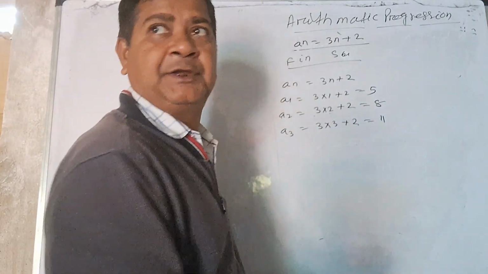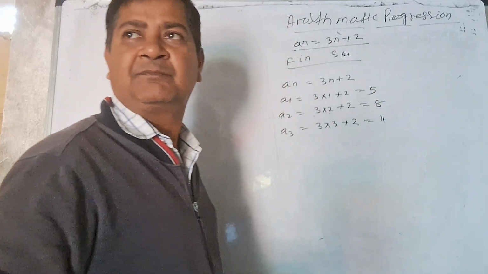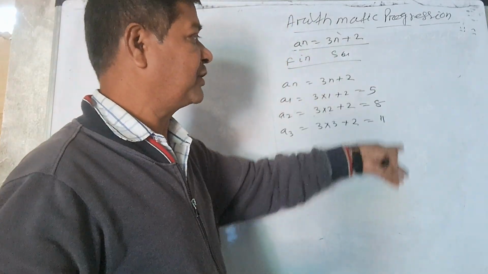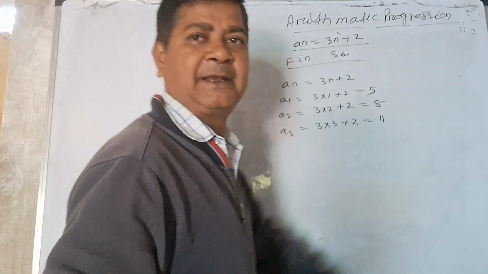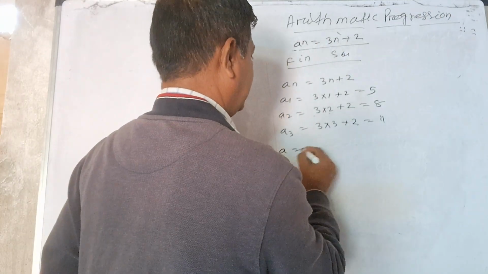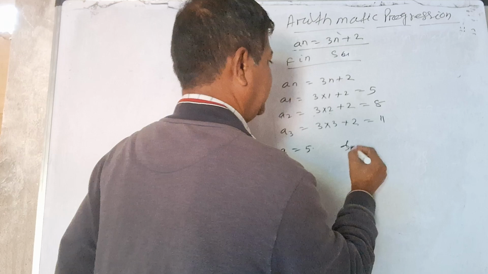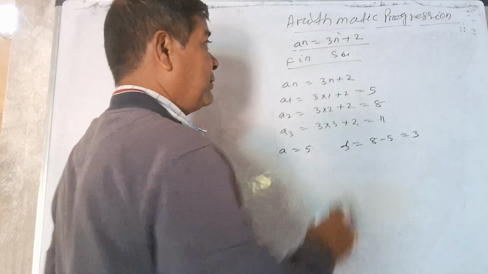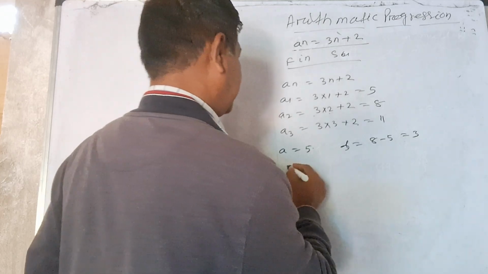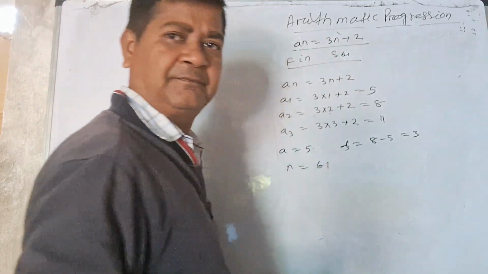That means it is a sequence in arithmetic progression. That means a and d you will be able to find. a equal to 5. d equal to 8 minus 5 equal to 3. Now you are going to find S61, which means n equal to 61.